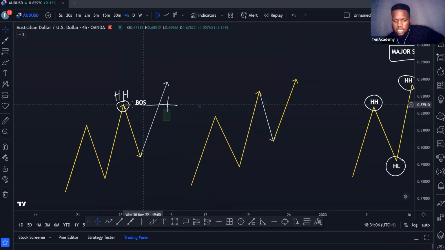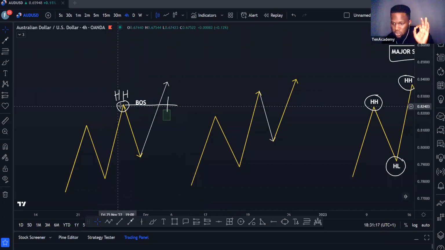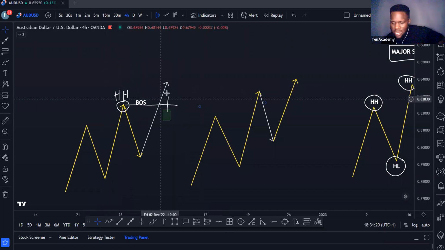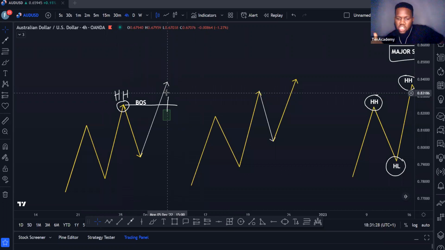If price breaks this structure here with a wick, this higher high still remains the most recent major structure. Price has not given us a higher high because price has not broken structure yet. So price is creating new higher highs when there is a break of structure.